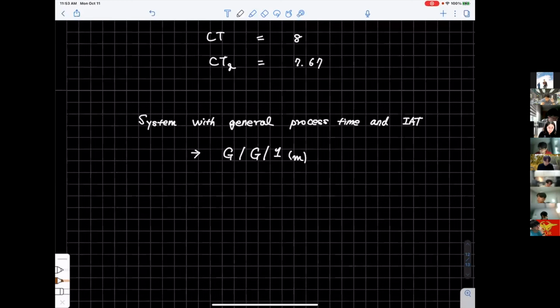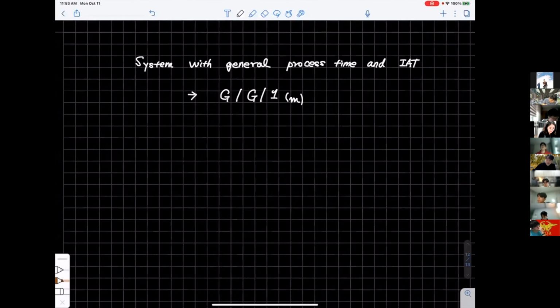However, unfortunately, we cannot compute exact measures for this general G/G model without the memoryless property that belongs to the exponential. So we have to approximate the performance measure by means of second moment approximation. This is the point.